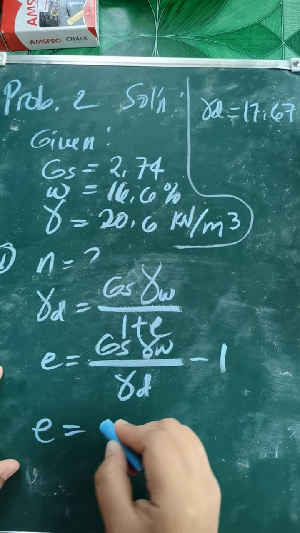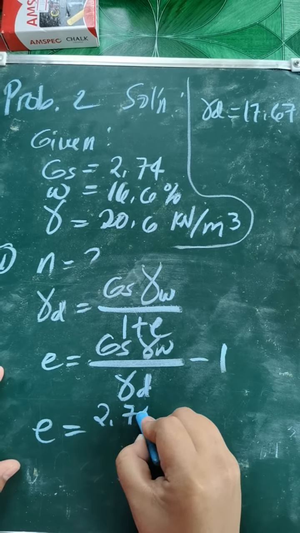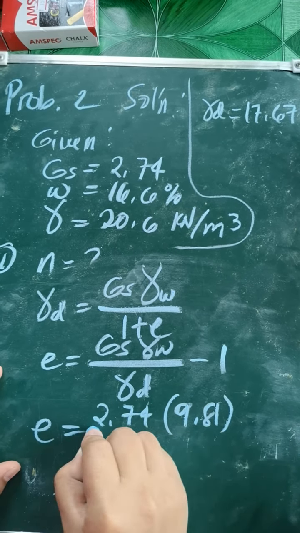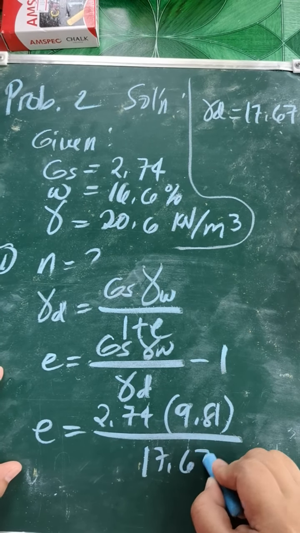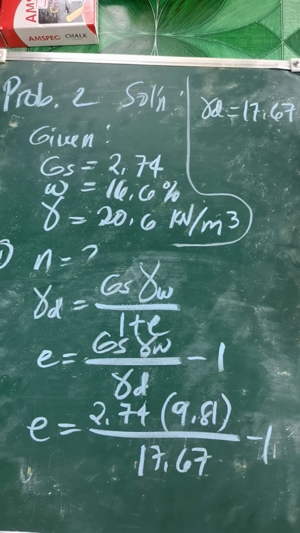E equals specific gravity 2.74 times the unit weight of water 9.81 all over the gamma dry value, 17.67, minus 1. So let's compute.